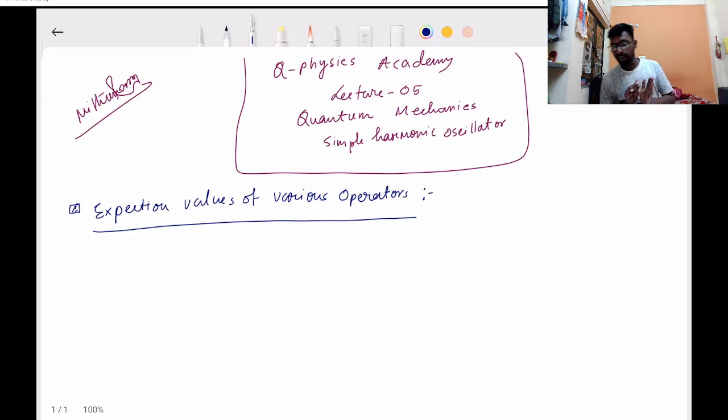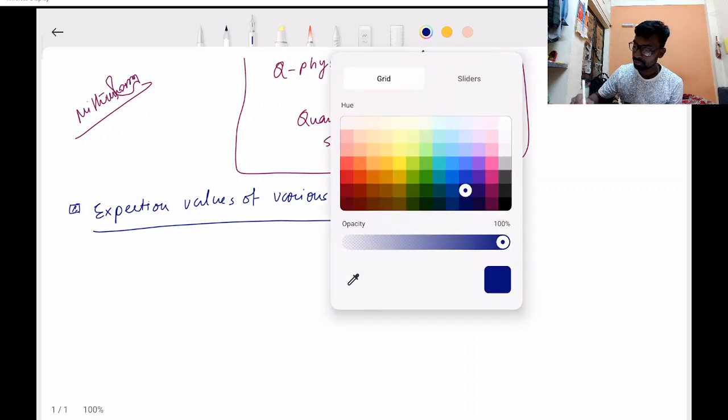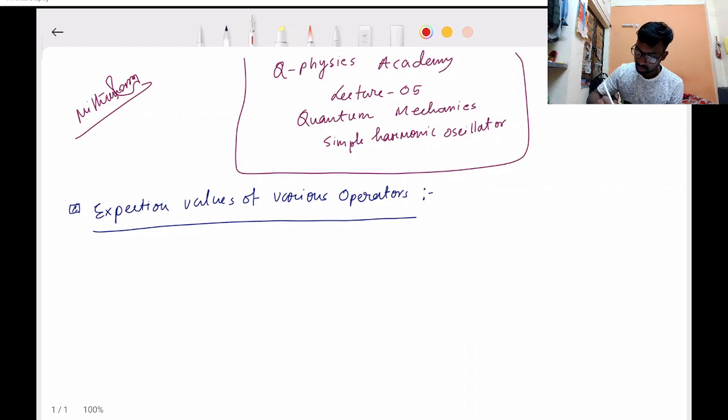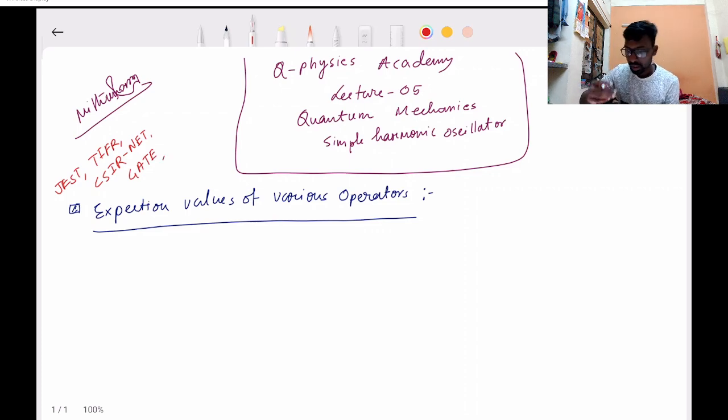This part is important for JEST, TIFR, CSIR NET, GATE examinations, etc., and also for higher study.